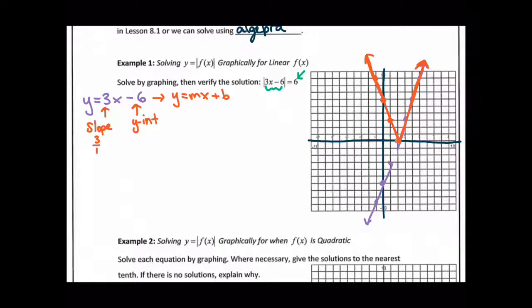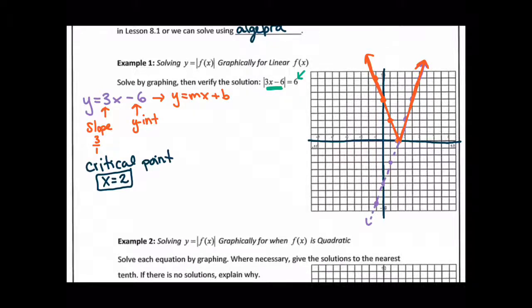The part down here doesn't really exist anymore, so it could be a dotted line down there. It's just using that original y equals mx plus b line to graph the absolute value line. Just remember, the critical point is at x equals 2. So that is graphing the absolute value of this one here.